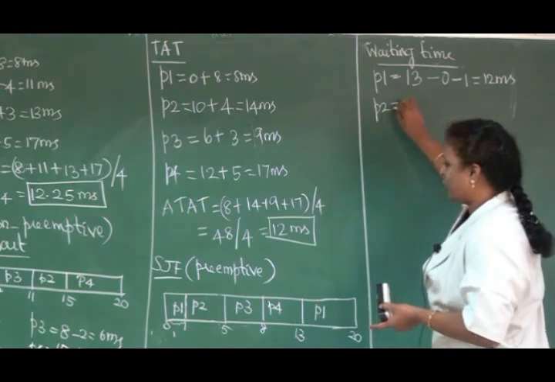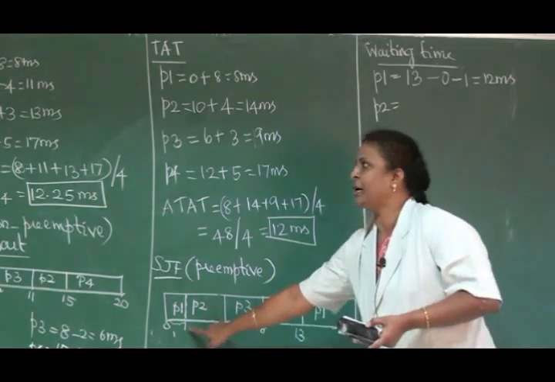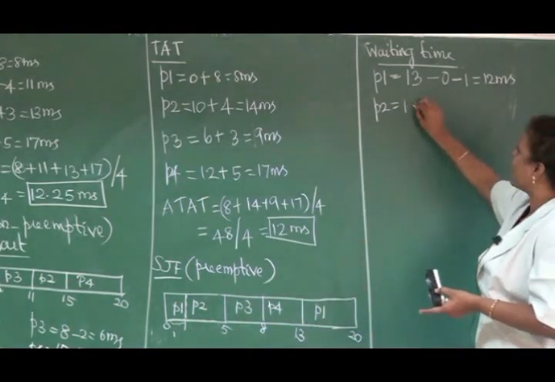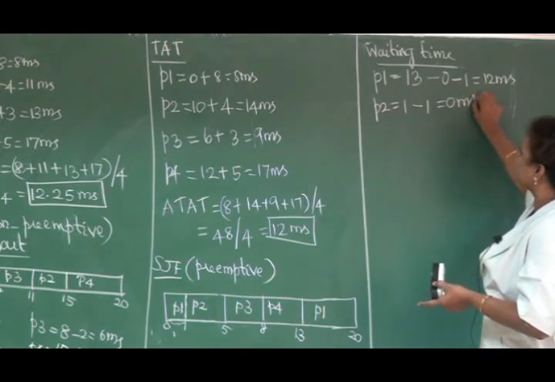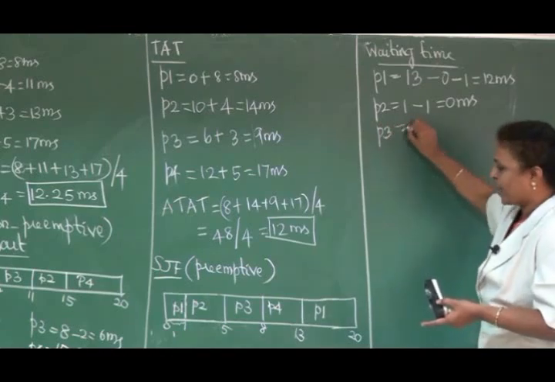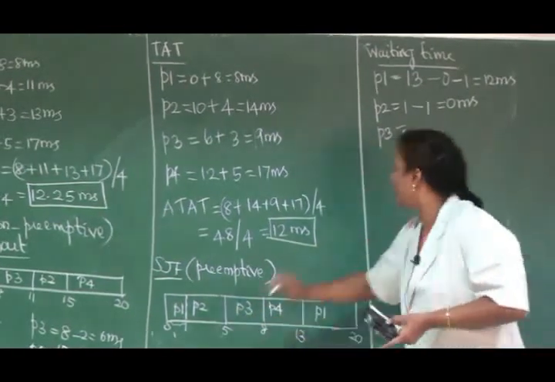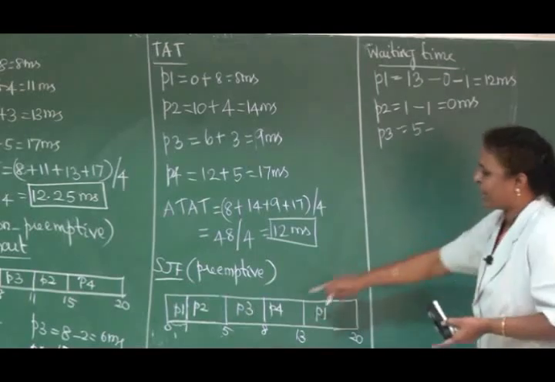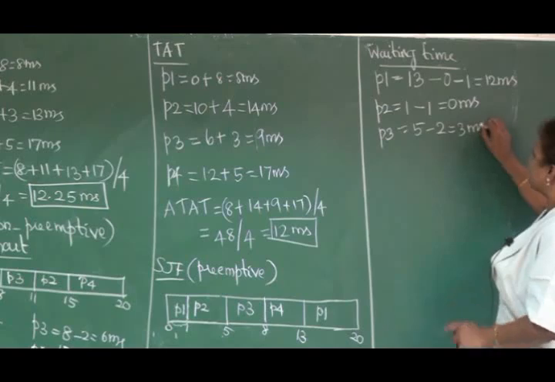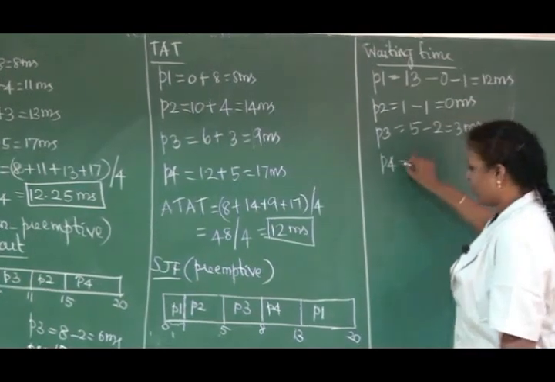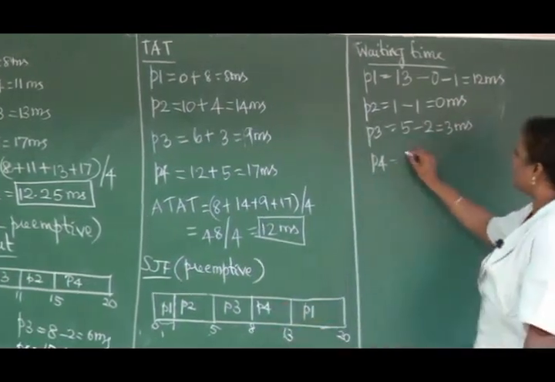Similarly, P2 is getting the CPU at the time of first millisecond. So 1 minus its arrival time 1, so its waiting time is 0. Then P3 is getting the CPU at the time of 5th millisecond, but it arrived in the 2nd millisecond. So its waiting time is 3 milliseconds. Then P4 is getting the CPU at the time of 8th millisecond.